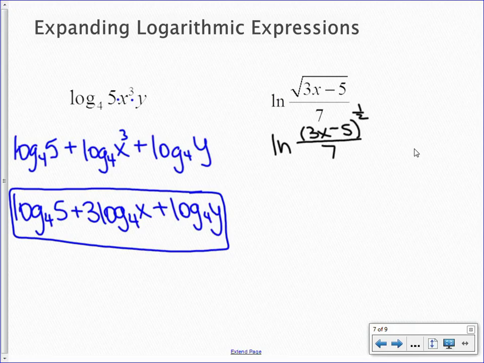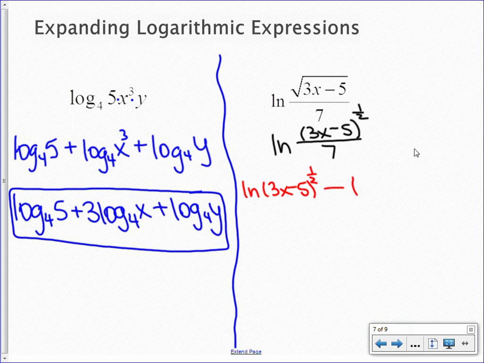So first of all, those two are being divided, correct? So we need to separate into two logarithms with what in between? Subtraction. So we have the natural log of (3x minus 5) to the 1/2 minus the natural log of 7. We have this power, though, inside of our logarithm, so that will need to be multiplied out in front.